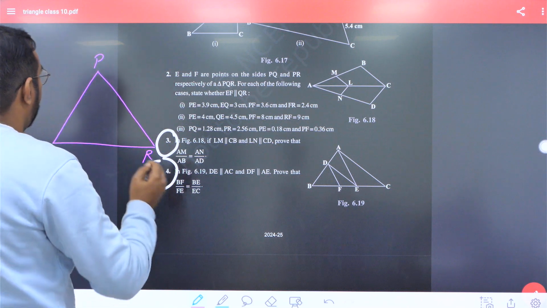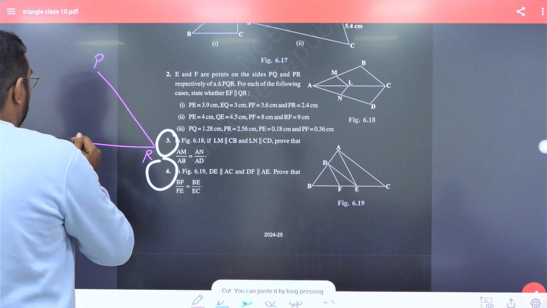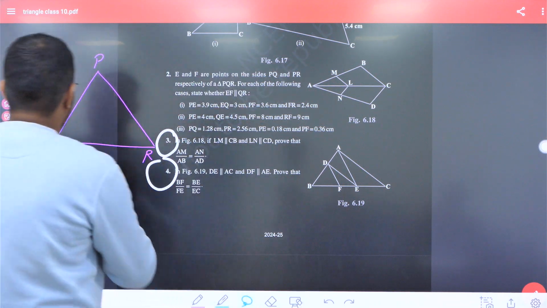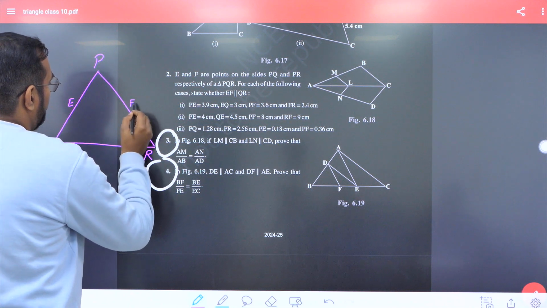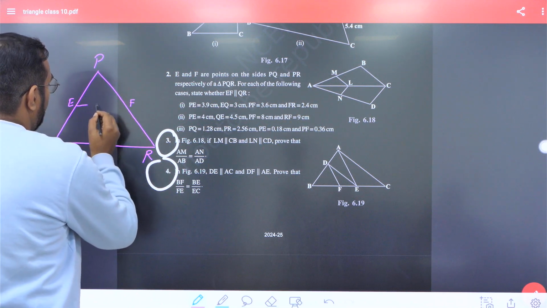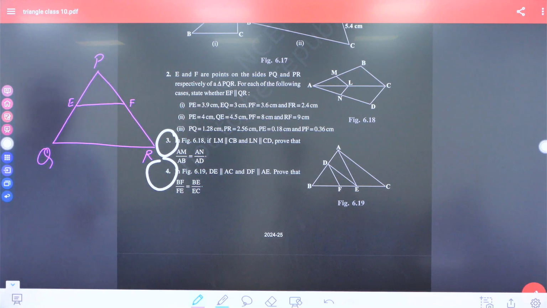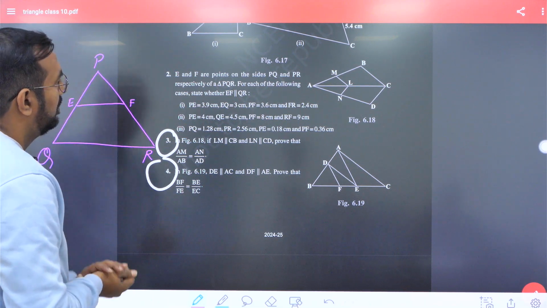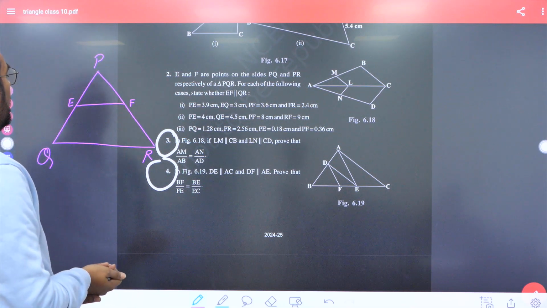E and F. E is on the side PQ. E is here, and F is on this side. Join EF. E and F are points on the side PQ and PR. For each of the following cases state whether EF is parallel to QR or not.